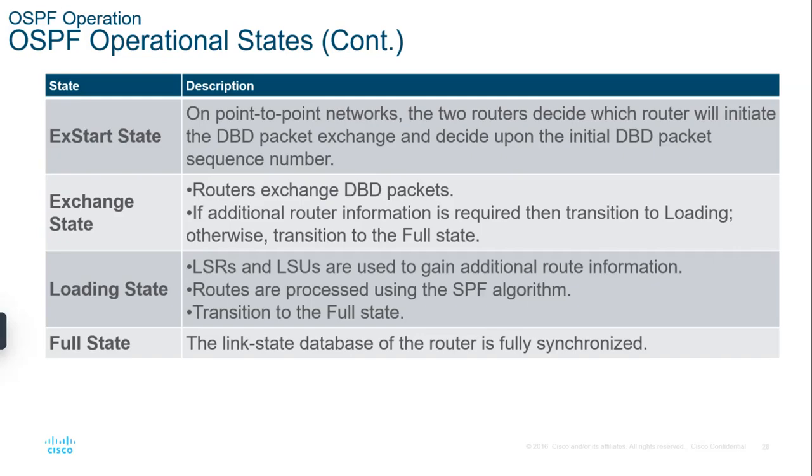In the exchange start stage, on a point-to-point network, the two routers decide which router will initiate, which one will send the database description packet first. Then in the exchange stage, routers exchange database description packets.